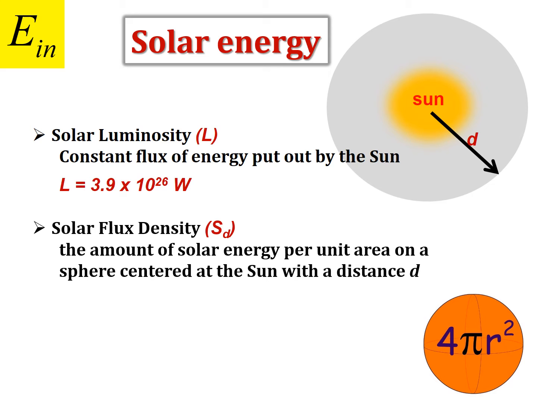So here, the solar flux density formula should be L, the solar luminosity, over the total area of the sphere with radius d, 4 pi d squared. So we can calculate this number. We don't care about somewhere else.